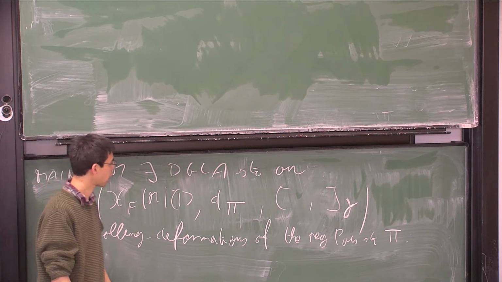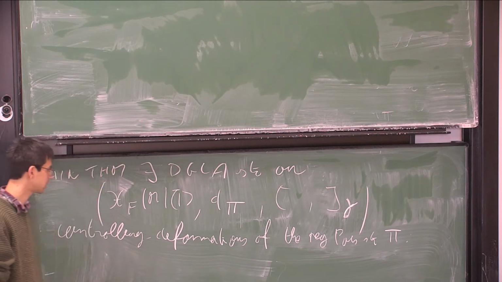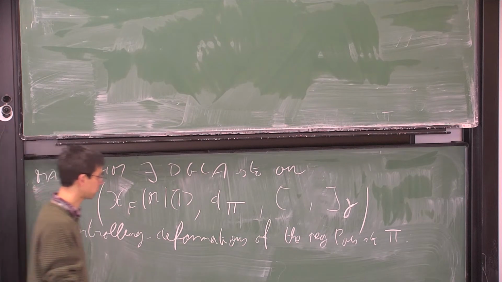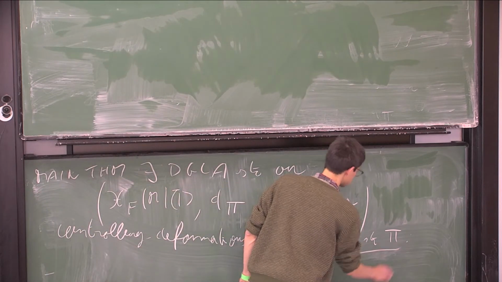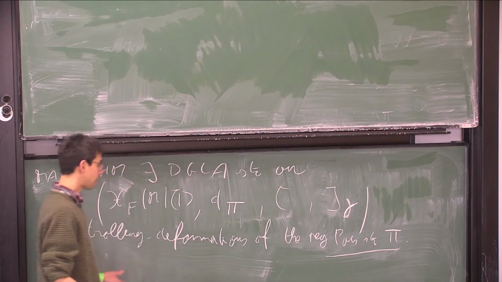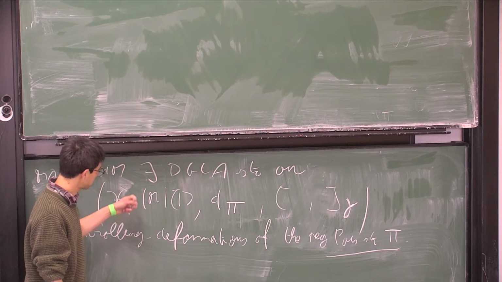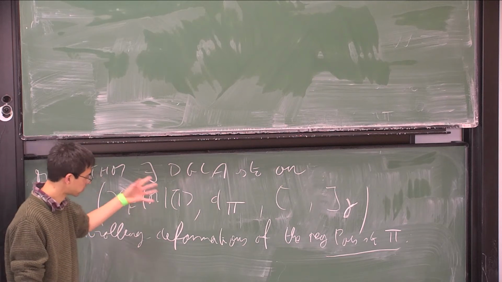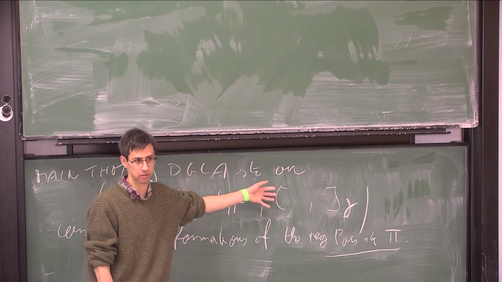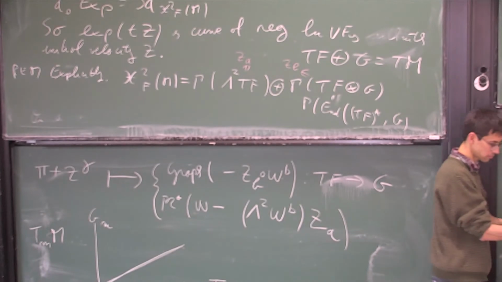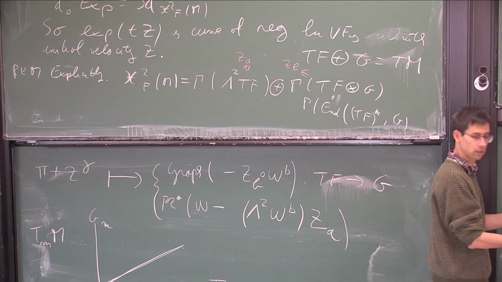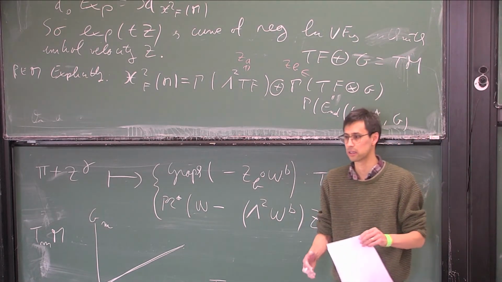So this gives me a parameterization of regular Poisson structures nearby pi by good bivector fields satisfying this quadratic equation, the Maurer-Cartan equation.